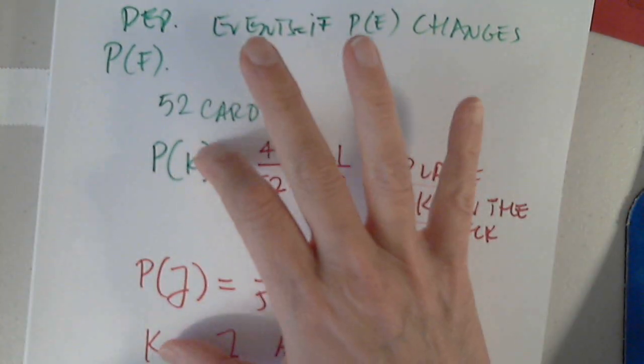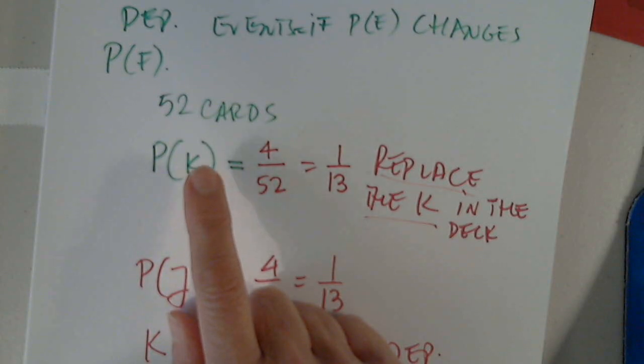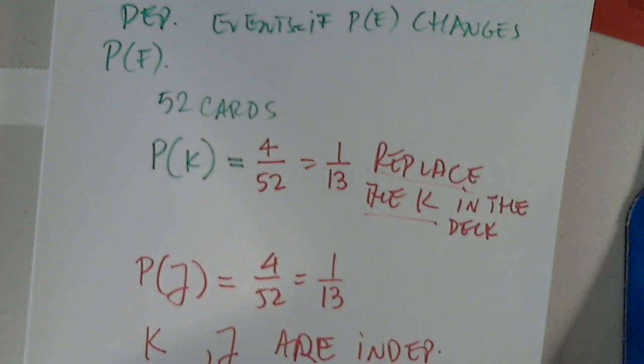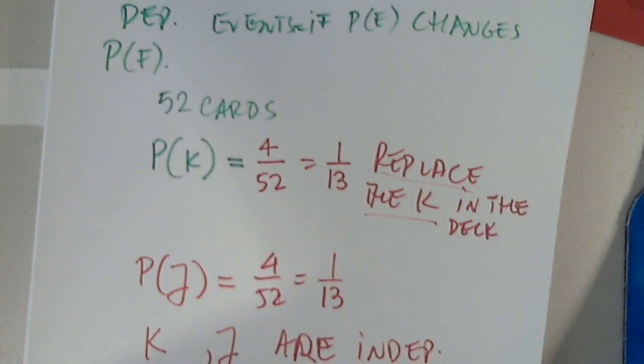So these two events are completely independent. The probability of selecting a jack was not affected by what I selected on the first trial. On the first trial, I selected a king, or maybe not. Nobody cares. The two events are independent.